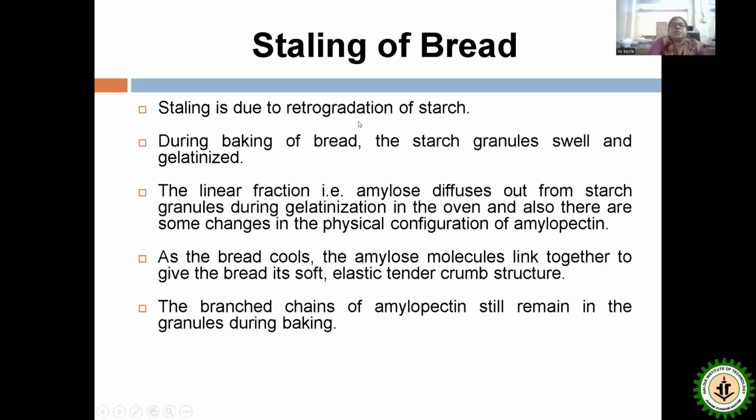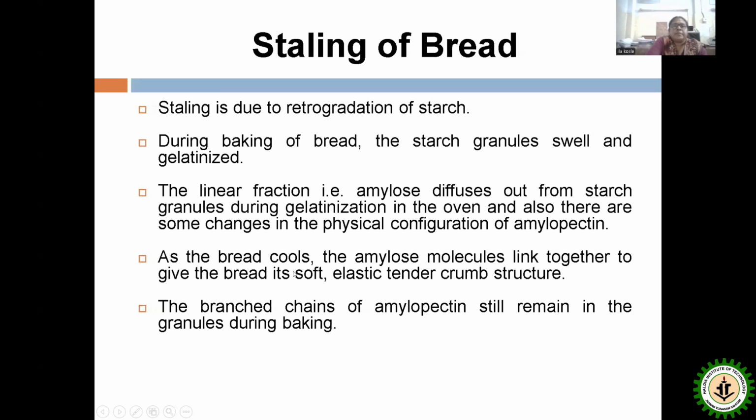Now, staling is due to the retrogradation of starch. What happens during baking of bread? The starch granules swell and they are gelatinized. During this process, the linear fraction of the amylose molecules diffuses out from the starch granules, and in the oven, they combine together to form the crumb structure, and there are also some changes in the physical configuration of the amylopectin molecule.